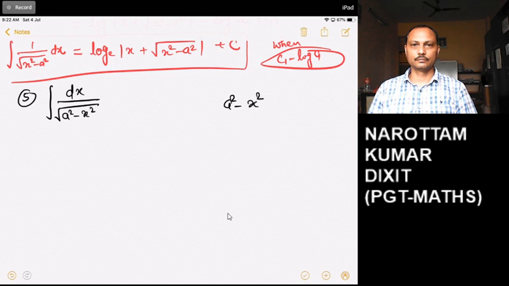So if we take x equal to a sin theta or a cos theta, if x equals a sin theta, then we get a square minus a square sin square theta, because a square is common. So 1 minus sin square theta, by the first identity of trigonometry, it will turn into cos square theta. So this is the suitable substitution here.